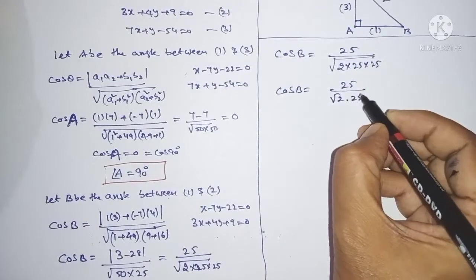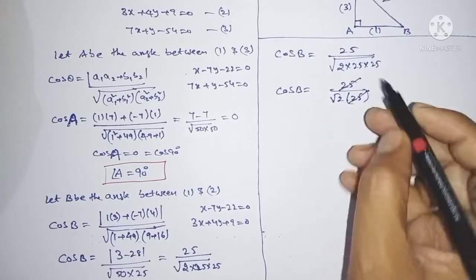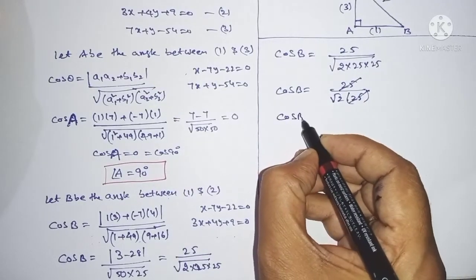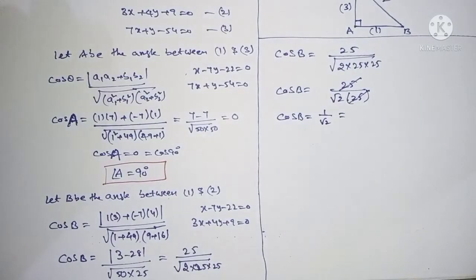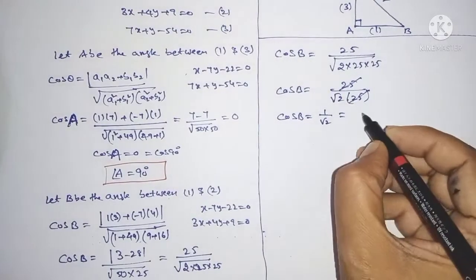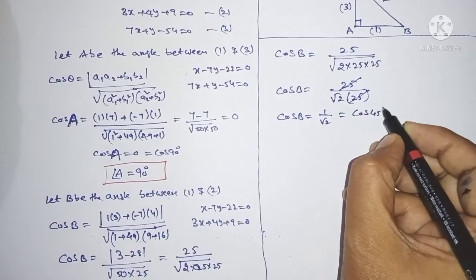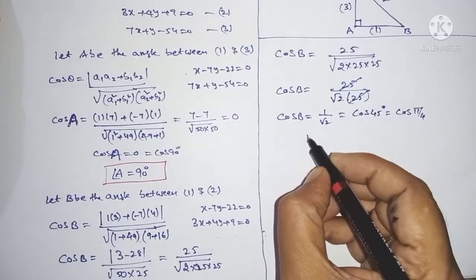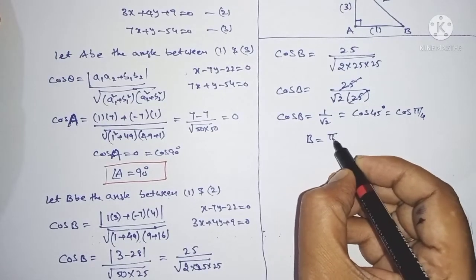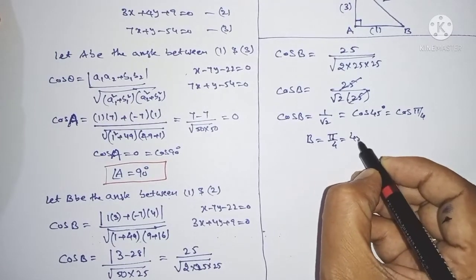The root means 25 only. 25 and 25 get cancelled. Cos B is equal to 1 by root 2. When does cos equal 1 by root 2? That is cos 45 degrees, or you can write cos pi by 4. Therefore B is equal to pi by 4 or 45 degrees.